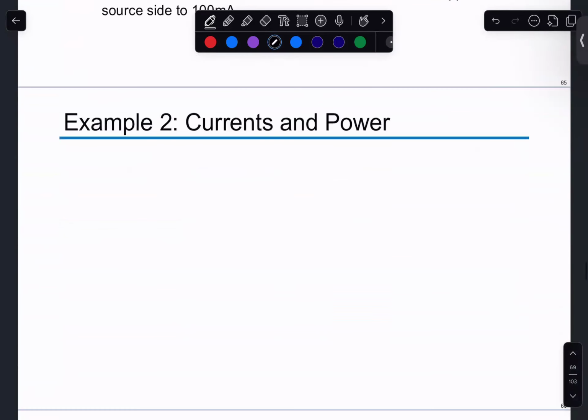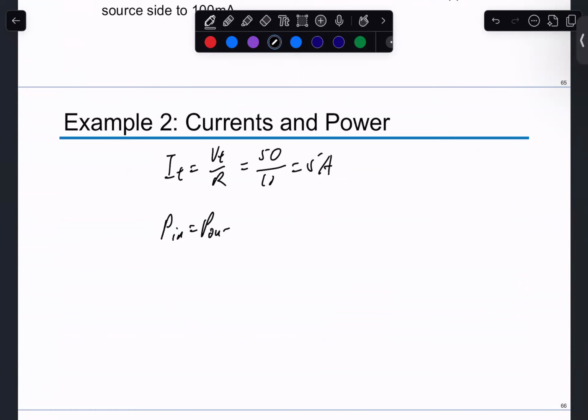Okay. So current and power are easy to compute. The output current is just Vt over R. This is 50 over 10, 5 amps. The input power is equal to the output power, assuming no losses: Vt times It, 50 times 5, 250 watts.